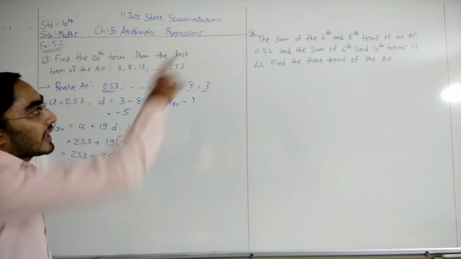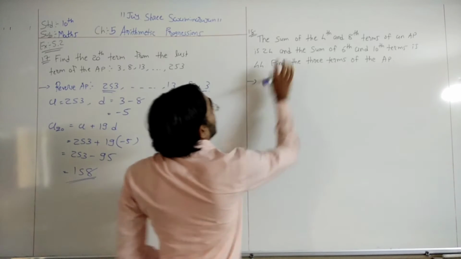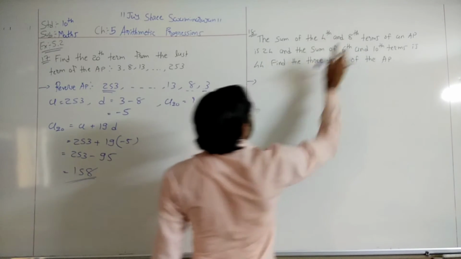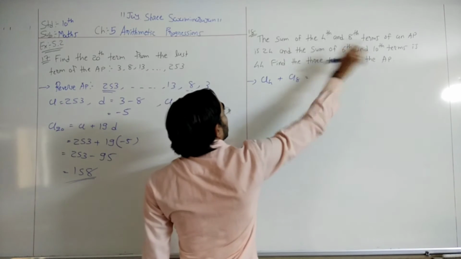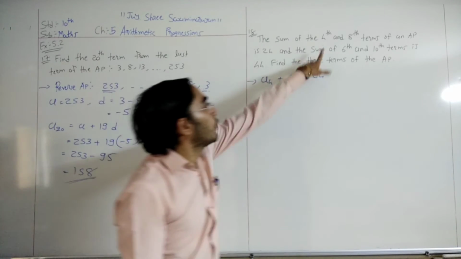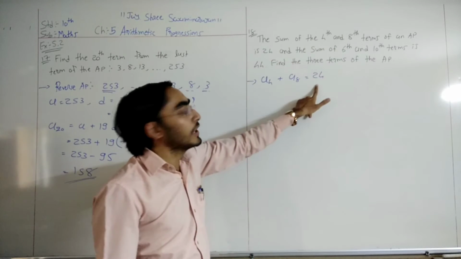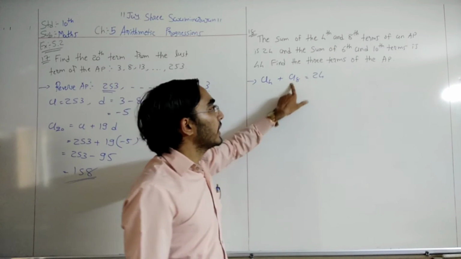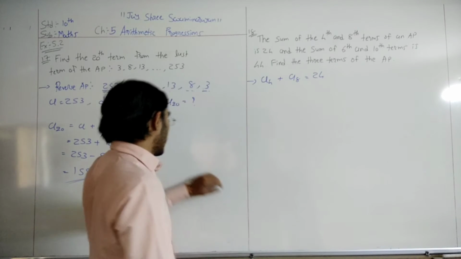So here, first thing which is given to you, that is the sum of 4th term and 8th term. That means A4 plus A8 is 24. Now use the formula of A4.